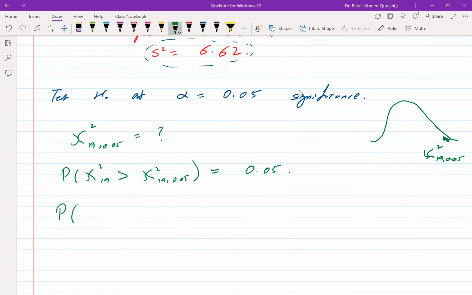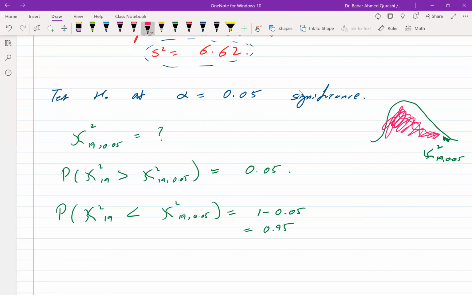Or the same thing you can do by 0.95, because the same number, when you compute the area behind it, if this is 0.05, this is going to be 0.95.